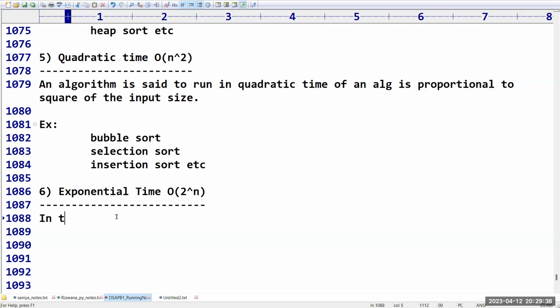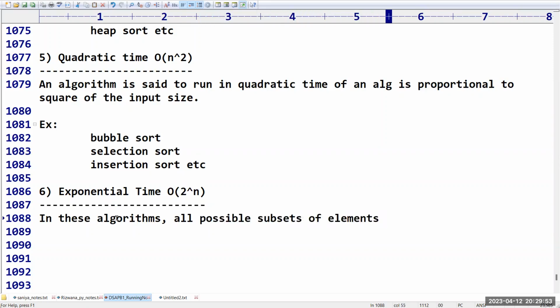In these algorithms, all possible subsets of elements of the input data are generated.